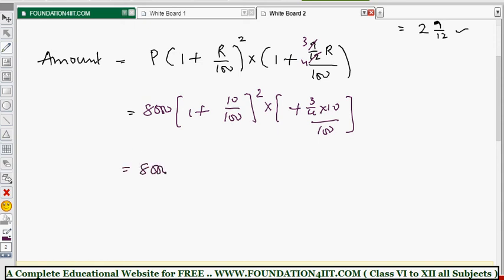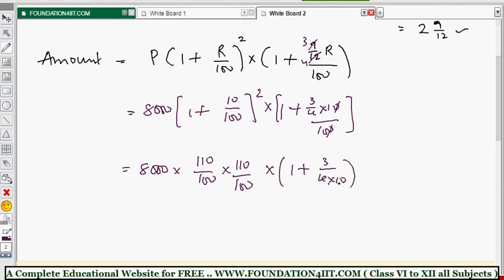Then 8,000 into 1 plus 10 by 100 is 110 by 100 whole square. So into again 110 by 100 into, and we take 1 plus, yes, 1 plus is there, 1 plus 3 by 4 into 10, so you can cancel this 0 0, then 3 by 40, so 1 plus 3 by 4 into 10, so 4 into 10.